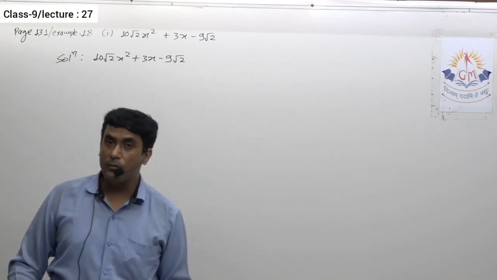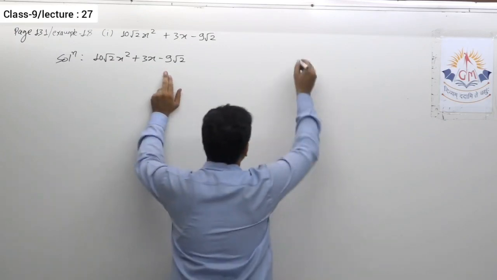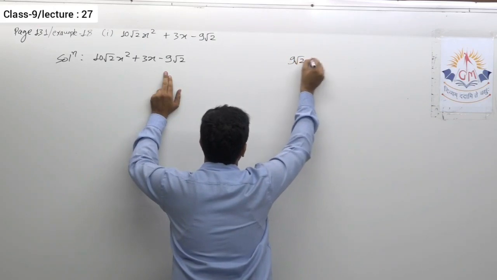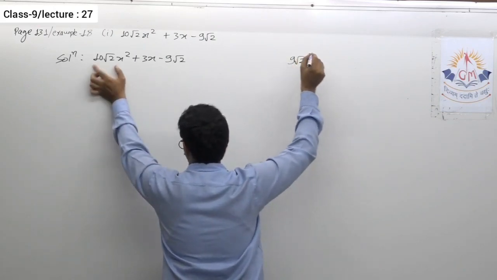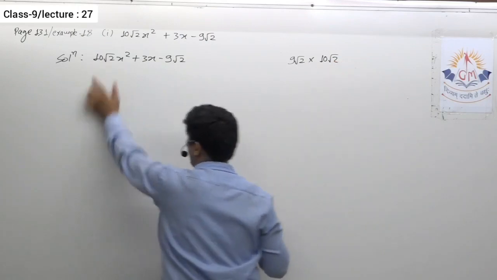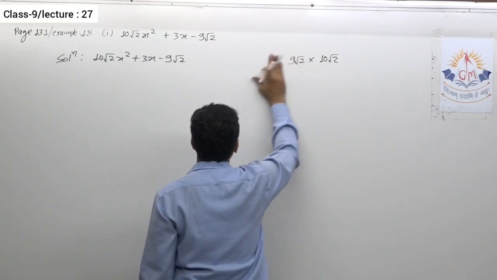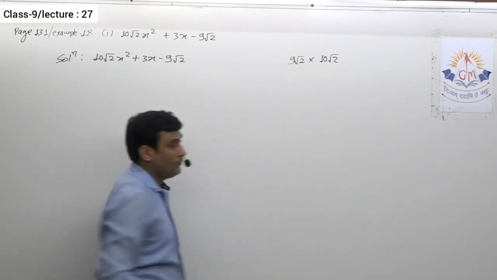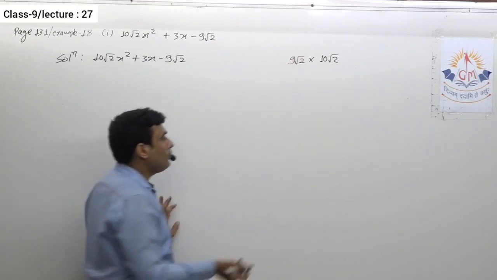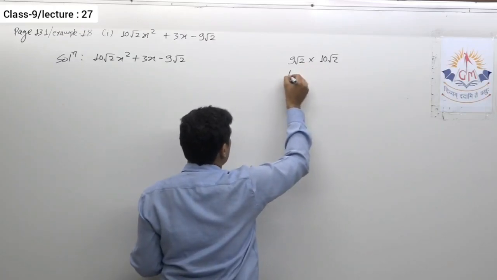Now next we have to find the factors of what? Of the constant term, that is 9 root 2, multiplied by the coefficient of x square, the coefficient of the first term. So we will multiply and then find factors of this. And I also told you, instead of multiplying and then finding factors, it is easy to find the factors separately.